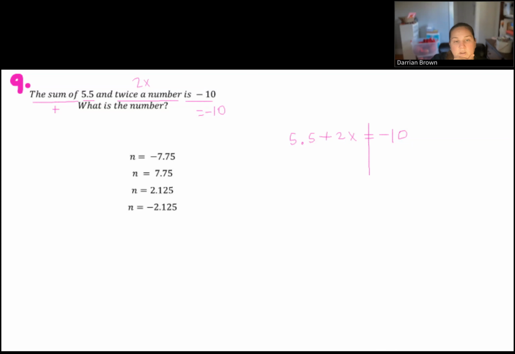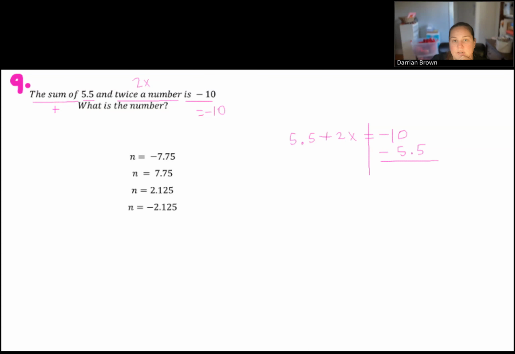So to solve it, we need to move that 5.5. It's currently being added. So what do we do to move it to the other side? Good, Zach, subtract. So we're going to subtract 5.5. And when we do that, you're actually adding another negative.